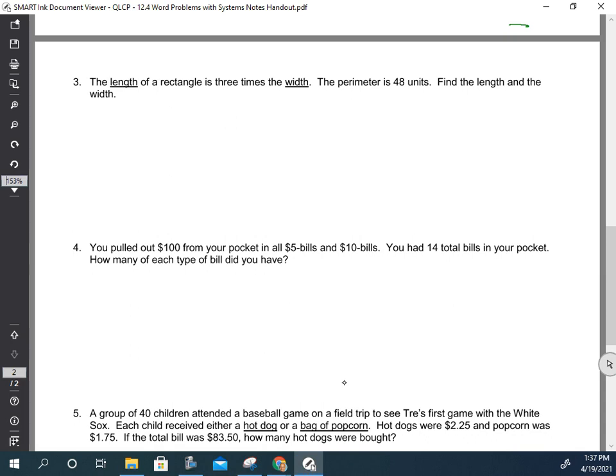One of those good old length and width and perimeter problems, which shows up just about everywhere without fail. It almost always shows up.